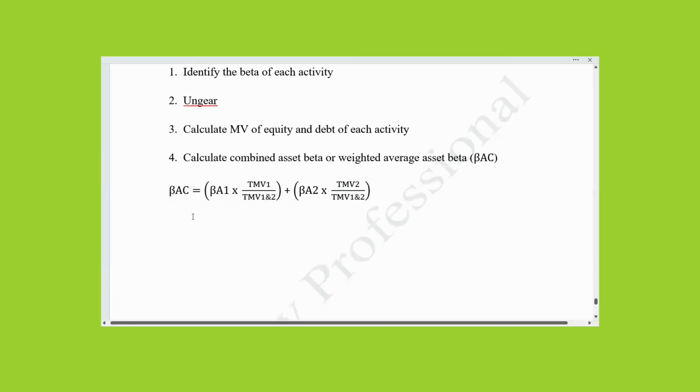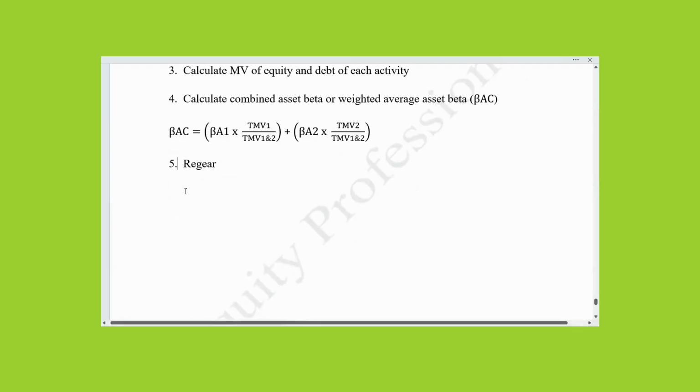Okay, then step 5 is to regear. Step 5, you regear to incorporate the financial risk of the main company, the same way you normally regear. Use the same formula. Then step 6, we calculate cost of equity using CAPM.